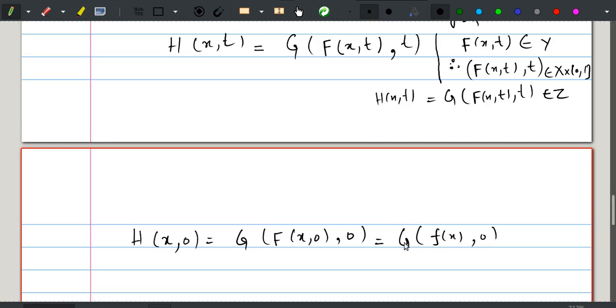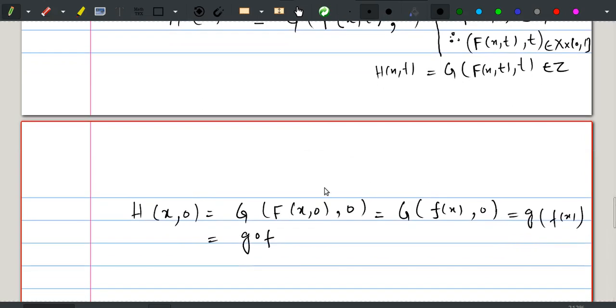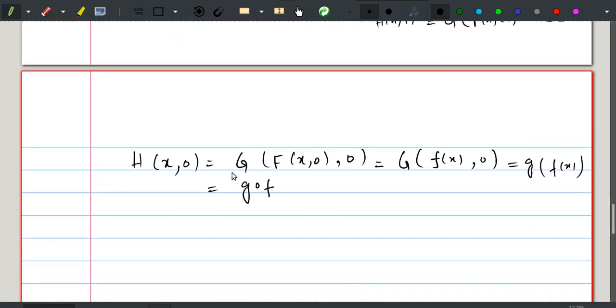Now when we restrict G to 0, we get little g. So this is G of f of x by definition of h. So this is g of f.